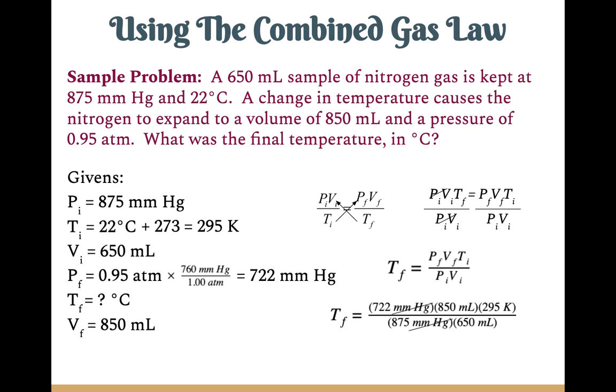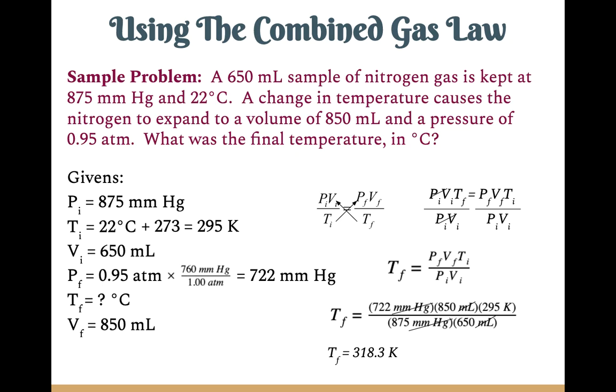The millimeters mercury unit cancels, the milliliters cancel, and we're left with Kelvin, which is a temperature, so that's good. When you put 722 times 850 times 295 divided by 875 and divided by 650, you get a final temperature of 318.3 Kelvin.